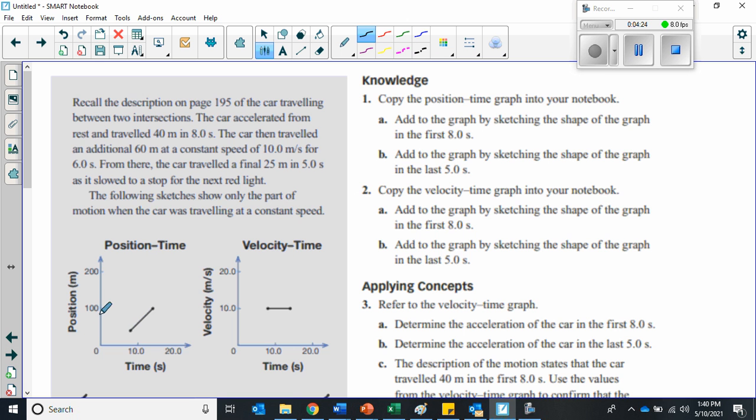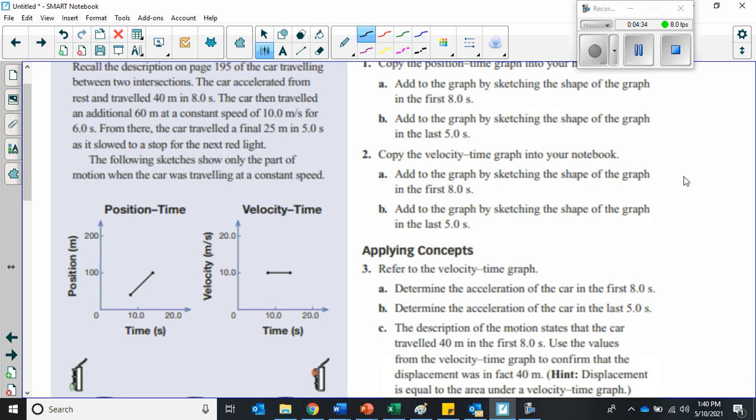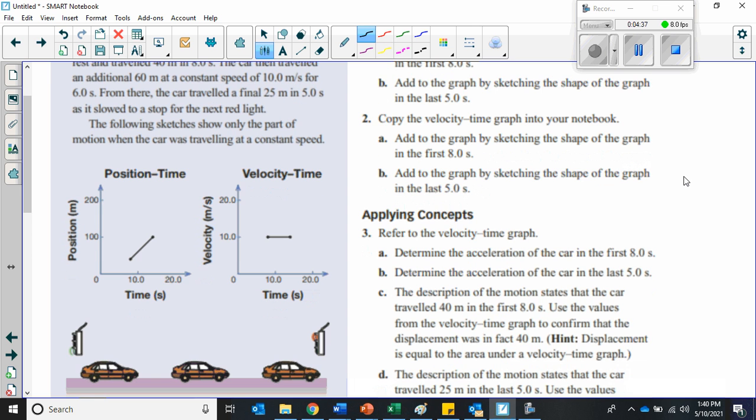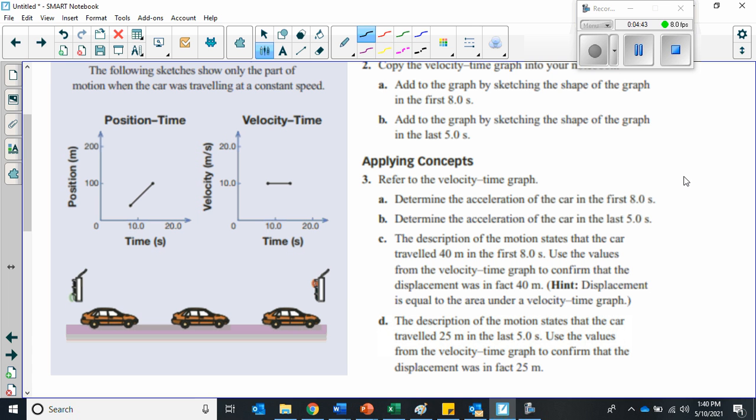Another question, here is questions 1, 2, and 3 from page 204. We're looking at more graphs again. Scroll down just a little. And what we're going to do when we look here, so there's question 3.